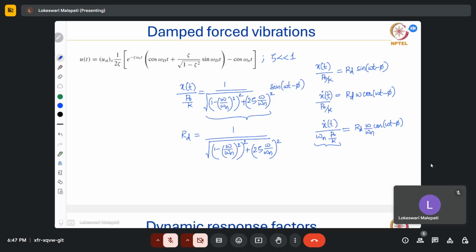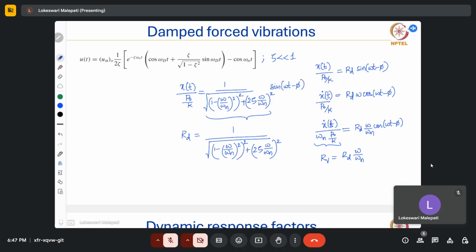This is the ratio of, if you see, this is the static displacement multiplied by the natural frequency. And the ratio of the dynamic velocity to this value is called the velocity response factor, RV. So RV is equal to RD omega by omega n.